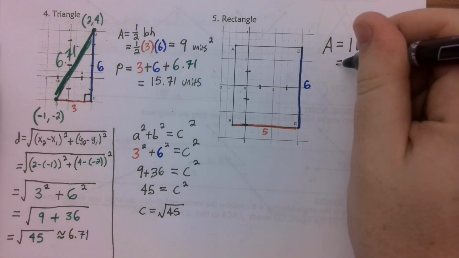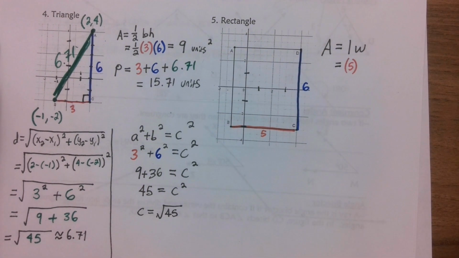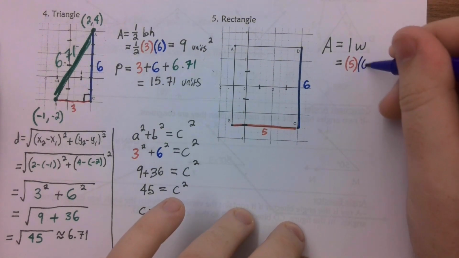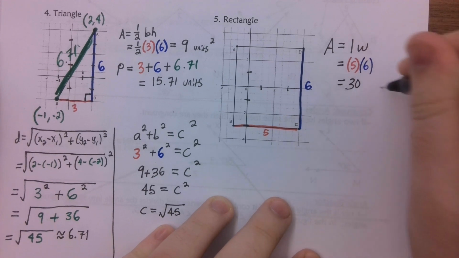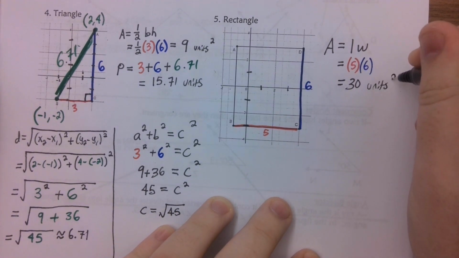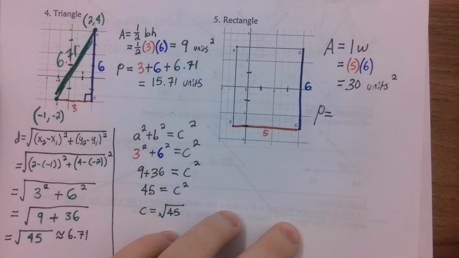So the area, length times width, is just going to be 5 times 6. 5 times 6 is 30 square units.